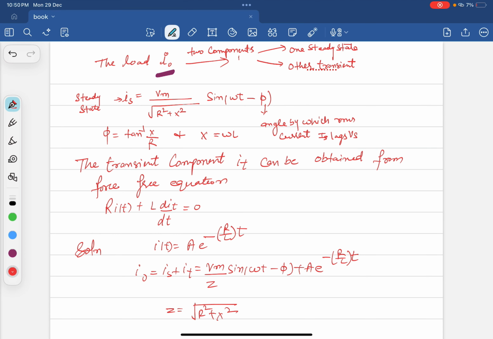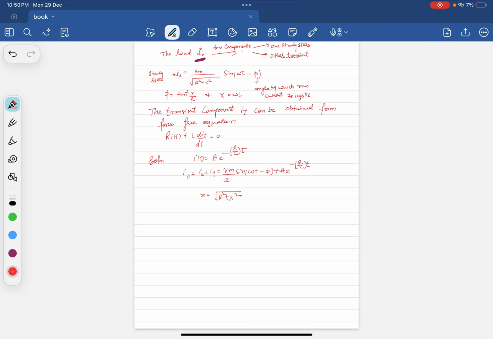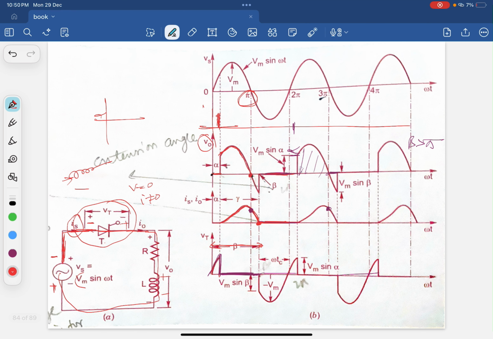When we apply KVL across this circuit, we observe minus Vs plus Vt, the voltage across the thyristor, plus I naught into R plus L di by dt. So if we take the voltage to the other side, Vs equals I naught R plus L di by dt.